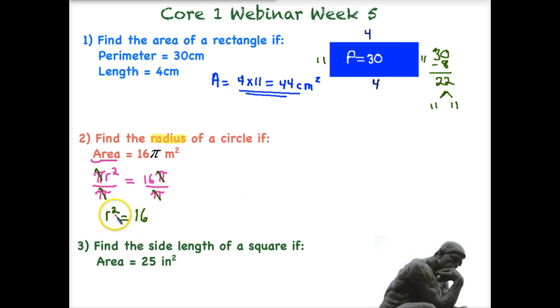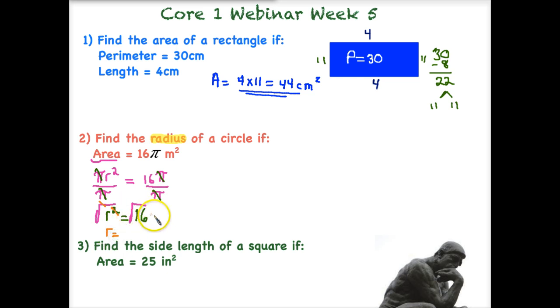So to undo a square, what you have to do is take the square root. Hopefully that sounds familiar for you guys. So I just need to take the square root of the left side, and if I do that, then I have to take the square root of the right side. So here's what it looks like. This square root undoes the square, so these end up canceling, and I'm left with r.